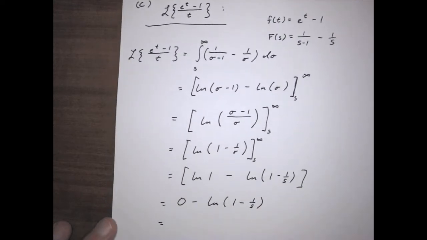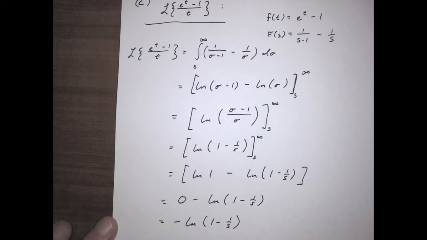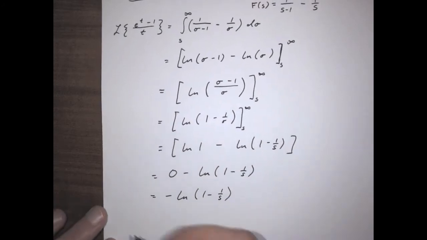And so we would get negative ln of 1 minus 1 over s. We could rewrite this again in a similar way to the way we rewrote the other one, although there's not much value to that.